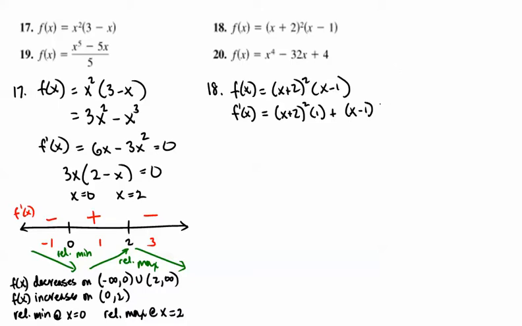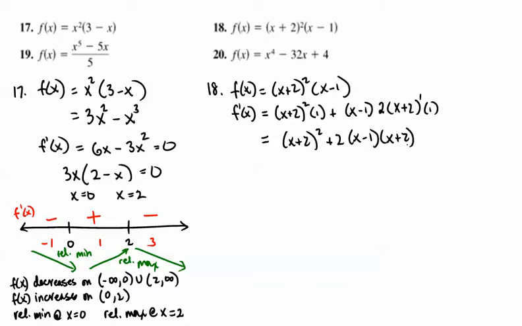We'll have to use the chain rule here. It's bring down the 2, reduce the exponent to 1, leave the inside alone, times the derivative of the inside function. And we will end up with x plus 2 squared plus 2 times x minus 1 times x plus 2.